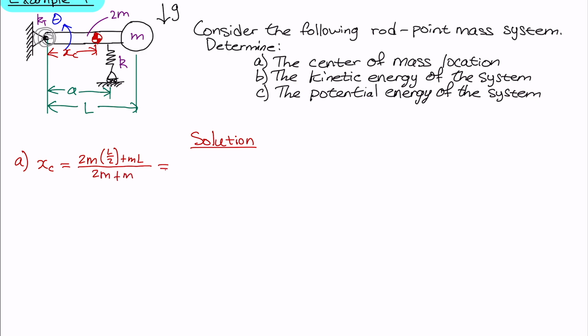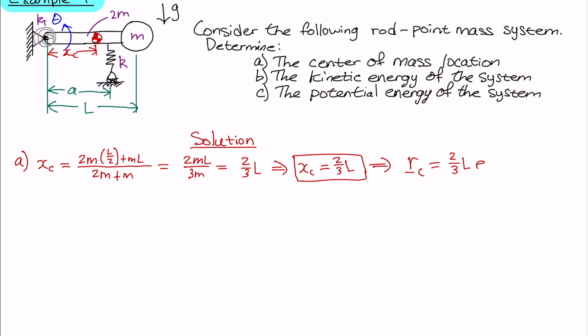In this case, this will be equal to 2mL over 3m, such that our center of mass location is 2 over 3 L. xc is equal to 2 over 3 L. And in terms of a position vector, this is going to be 2 over 3 L in the e-hat r direction using polar coordinates.